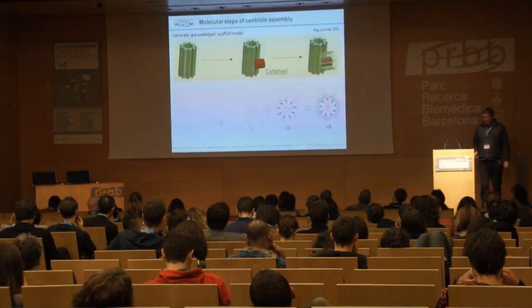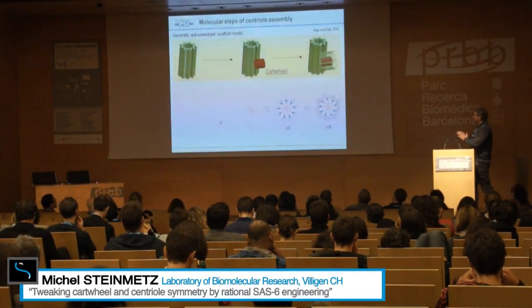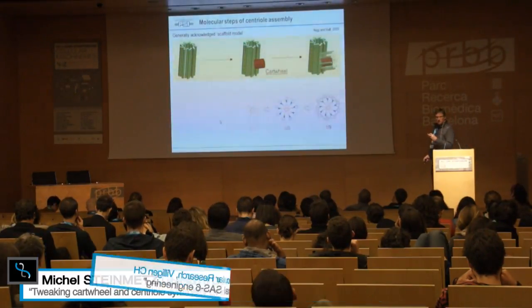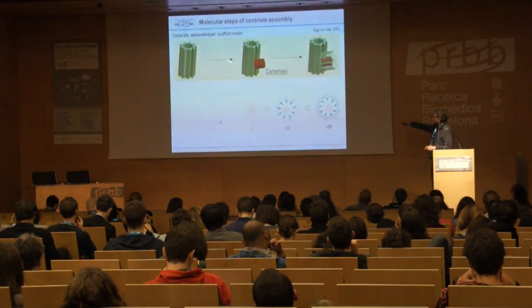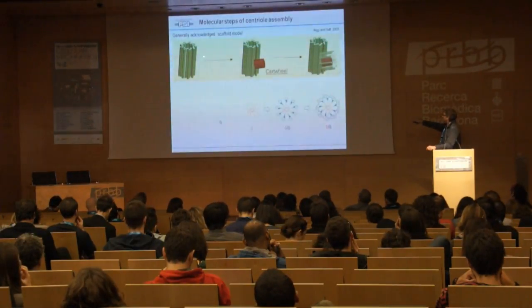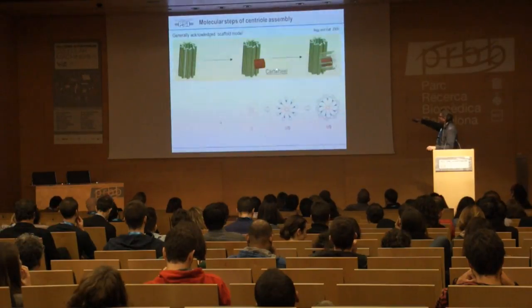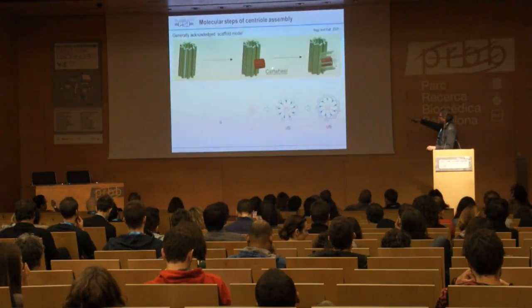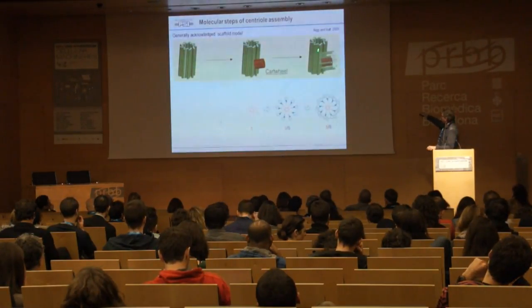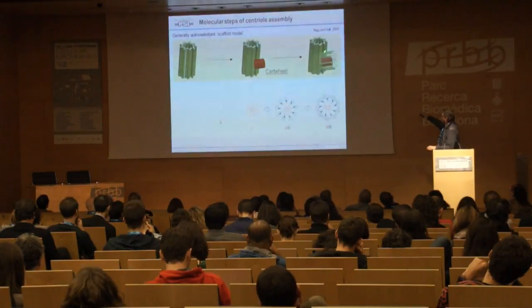Some 10 years ago, people started to look at the molecular or structural events that give rise to this newly born centriole. Based on electron microscopy studies, the first structure that appears during procentriole formation is the so-called cartwheel structure, which then assembles the microtubule triplet blades around it.